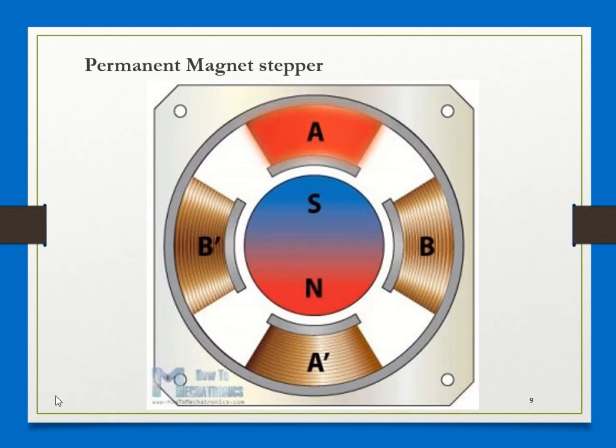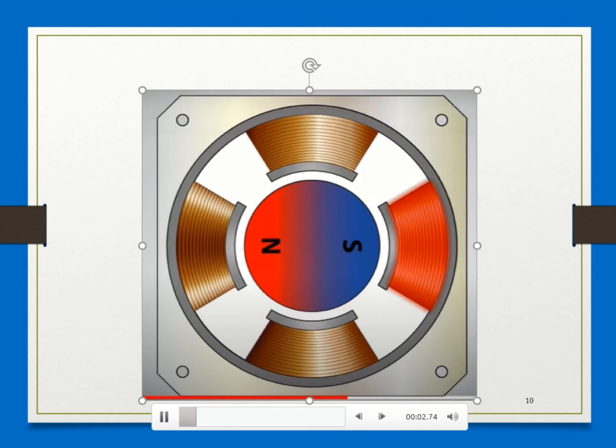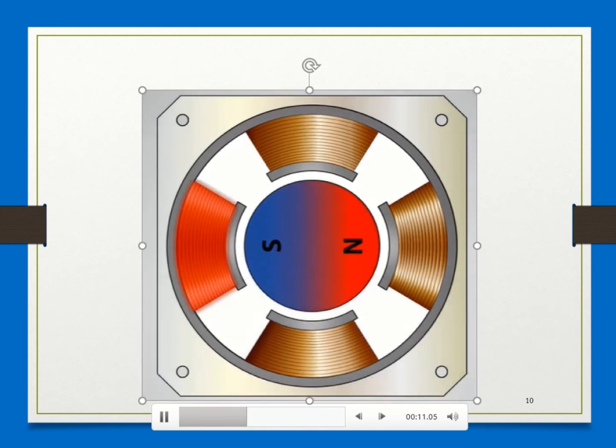So permanent magnet stepper motor. So it has a permanent magnet rotor which is driven by the stator windings. So they create opposite polarity poles compared to the poles of the rotor which propels the rotor.